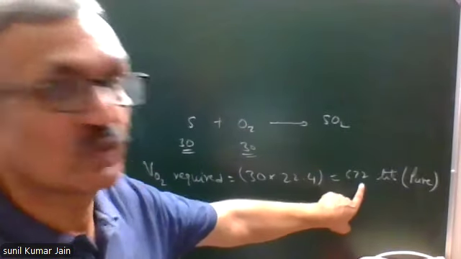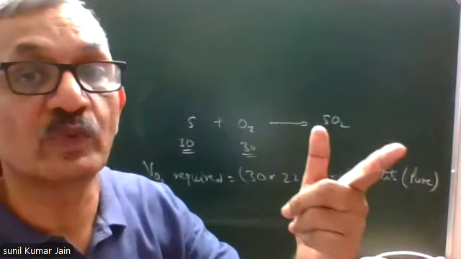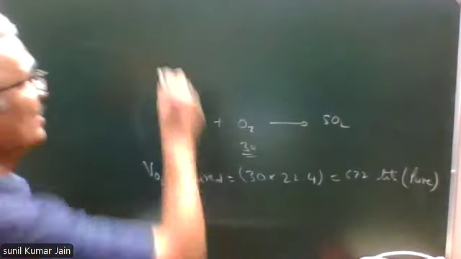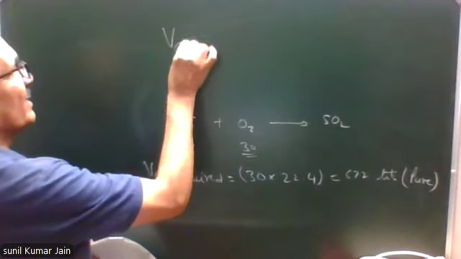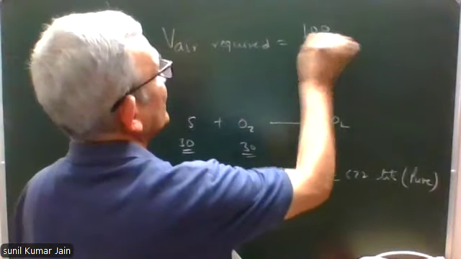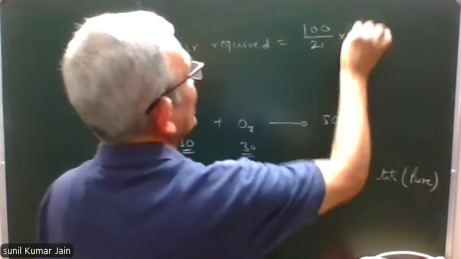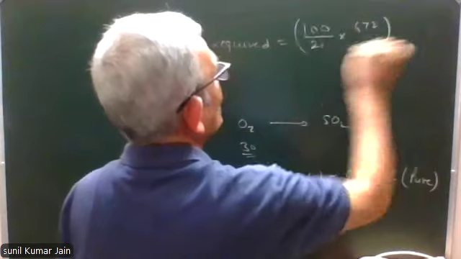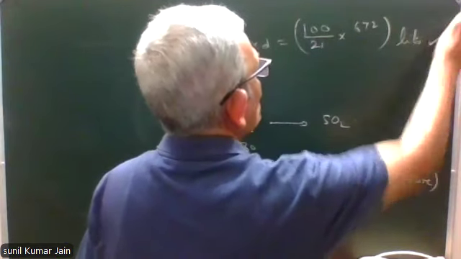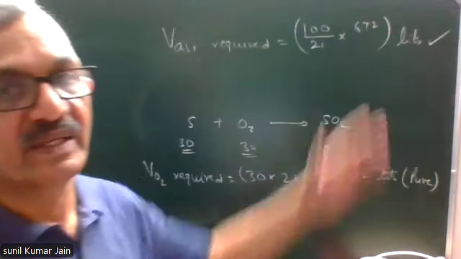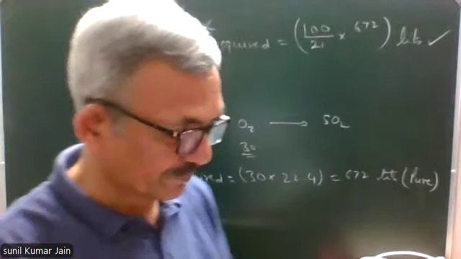For 672 liters of oxygen, how much air do we need? That will be our answer. So the volume of air required will be 100 divided by 21 into 672. So that many liters of air will be required. That will be the answer.